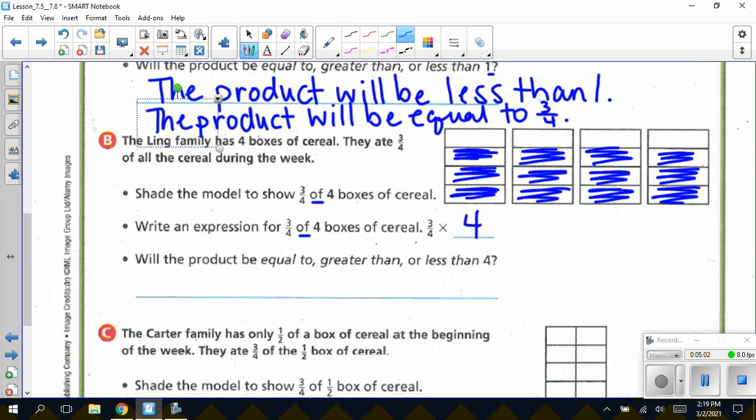And this question is asking, will the product be equal to, greater than, or less than 4? So if I actually rearrange this or multiply, I would realize that my product will be less than 4.